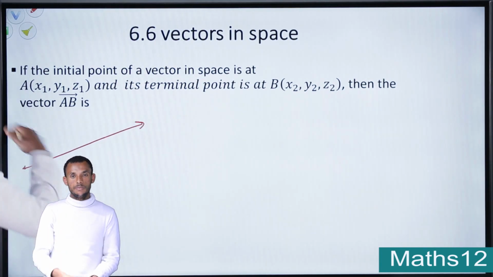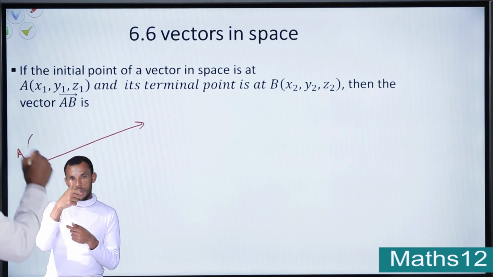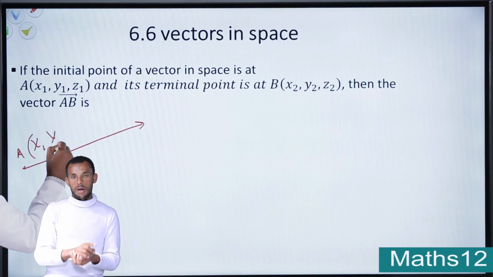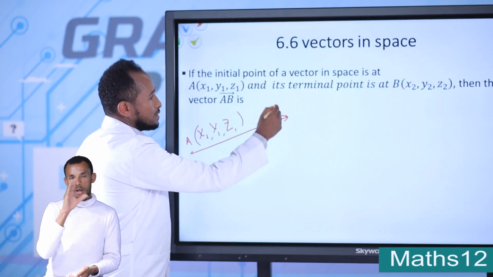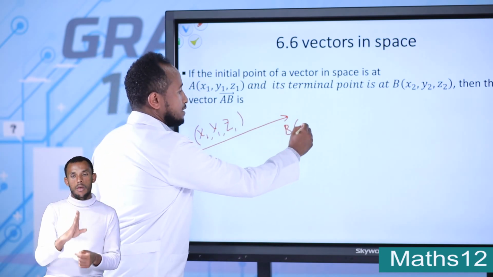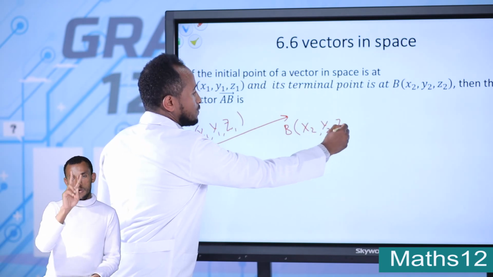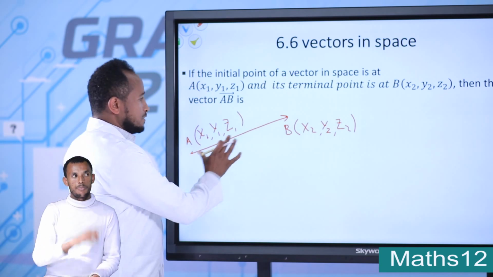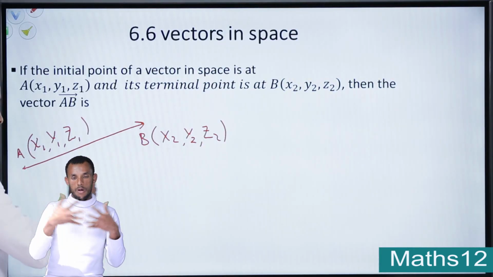Assume this vector is in space, and its initial point A is (x1, y1, z1) and its terminal point B is (x2, y2, z2). So this vector is written in coordinate form like this.